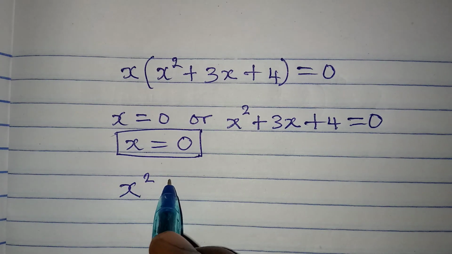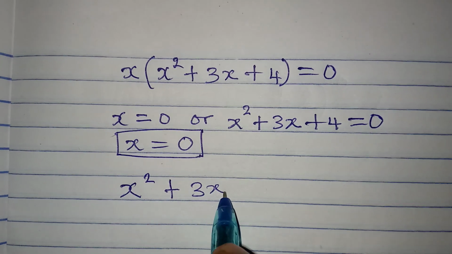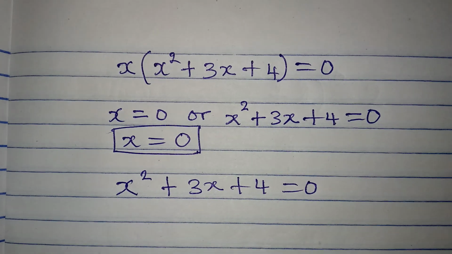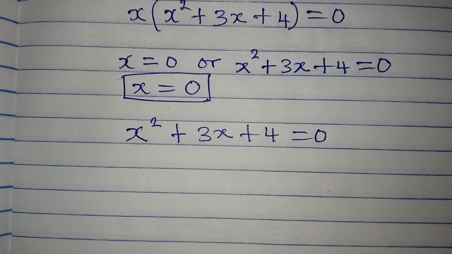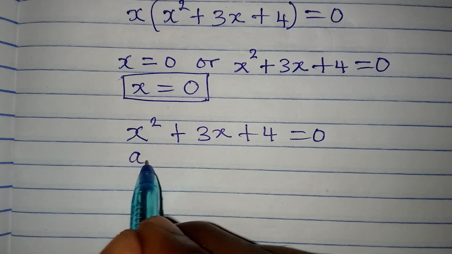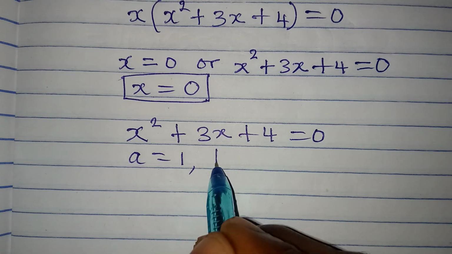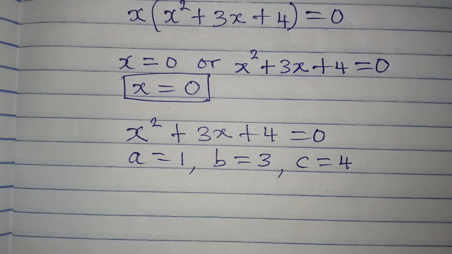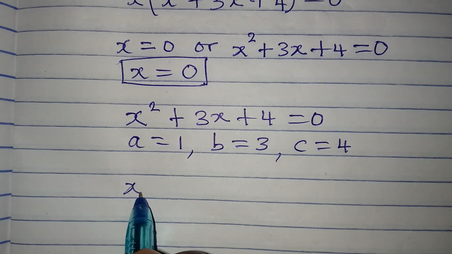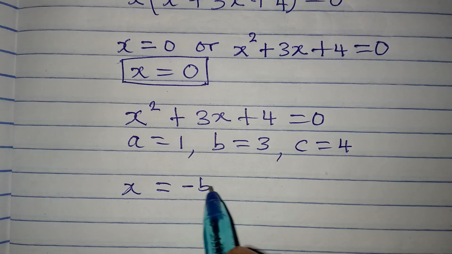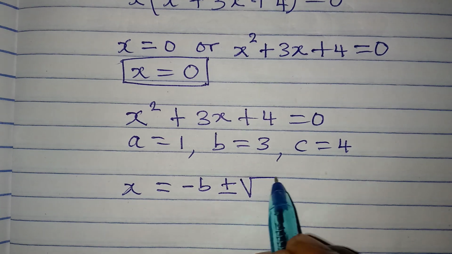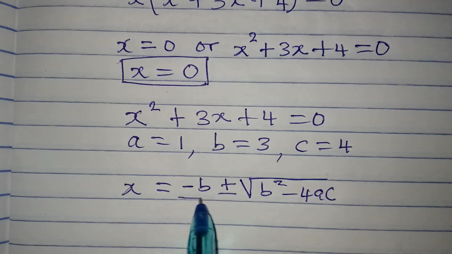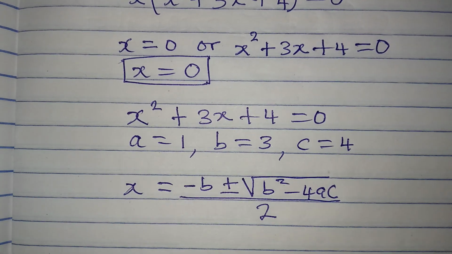We have x squared plus 3x plus 4 equals 0. Now let's use the formula method. For the formula, our a will be 1, our b will be 3, and our c is constant, which is 4. And the equation is x equals negative b, positive or negative, square root of b squared minus 4ac, and the whole of this is over 2, right?